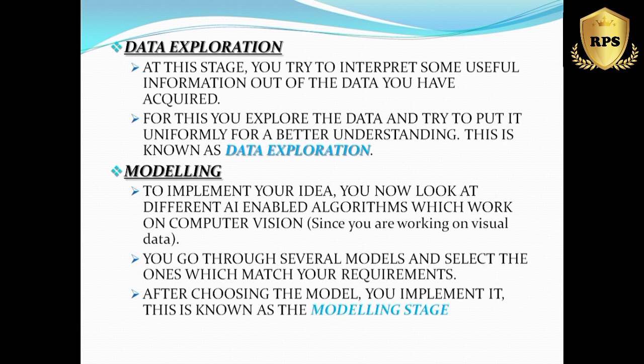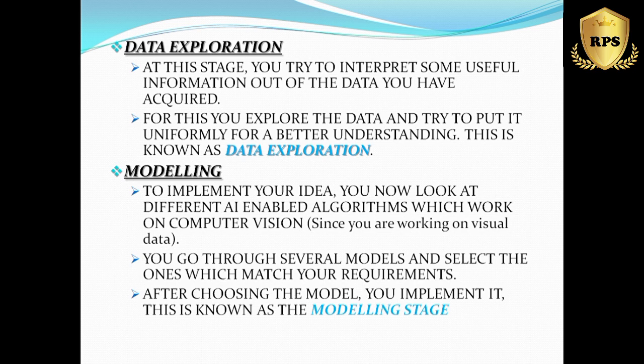Since you are working on visual data, recall the domains of AI we discussed: computer vision works on visual data, NLP works on natural language, and the third, data science, works on alphanumeric and numeric data. So here we have visual data, so we will use computer vision.